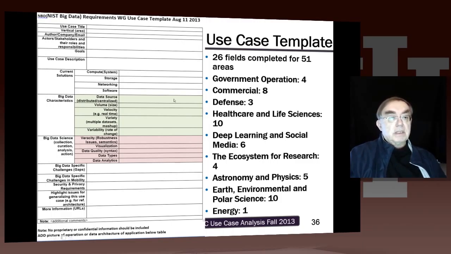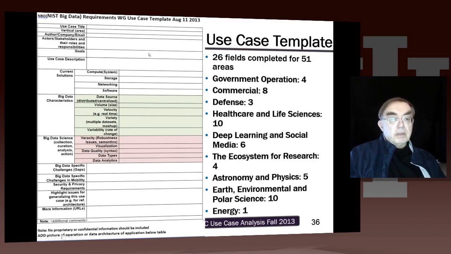This defines what we collect for each use case: the title, the area where that use case lives, such as military or retail or artificial intelligence, the people building the use case definition, which may or may not be the same people who actually execute it, and the people involved, which will be the users, the developers, and the supporters of the use case.